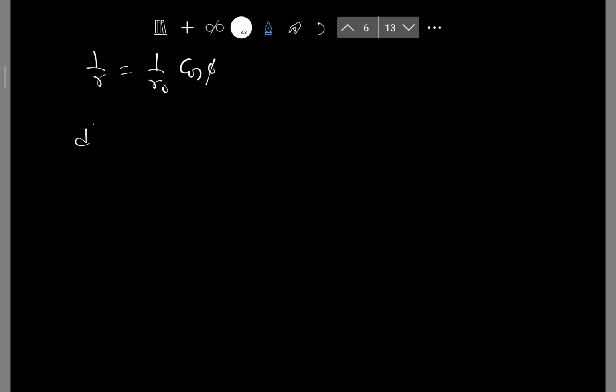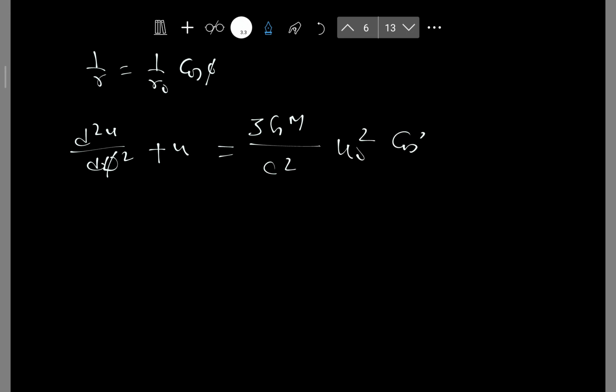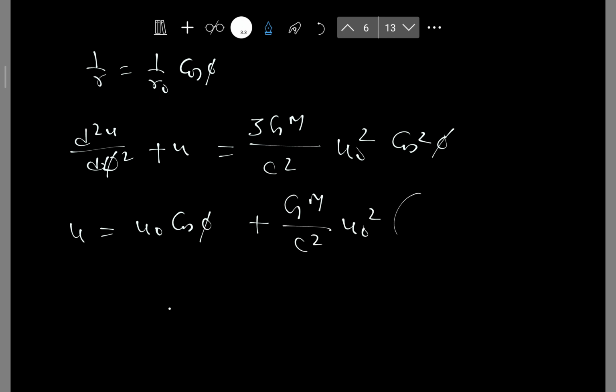So we can write the orbit equation as d square u by d phi square plus u equal to 3GM by c square u naught square cos square phi. And the solution of the equation is u equal to u naught cos phi plus GM by c square u naught whole square times one plus sin square phi.